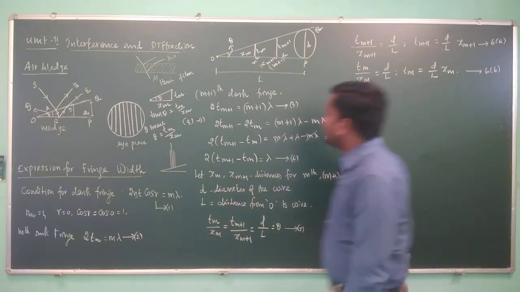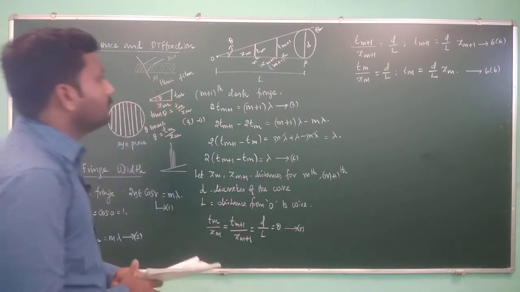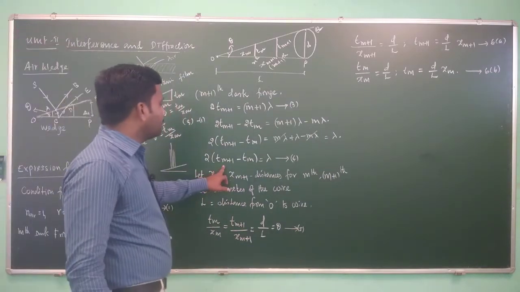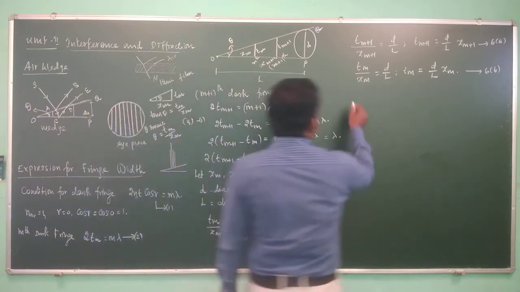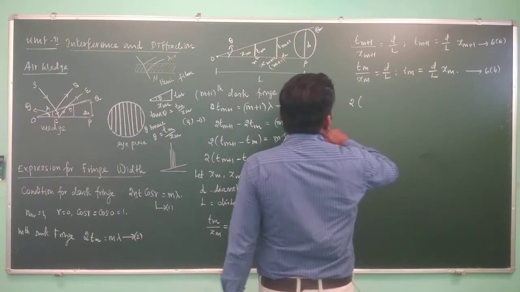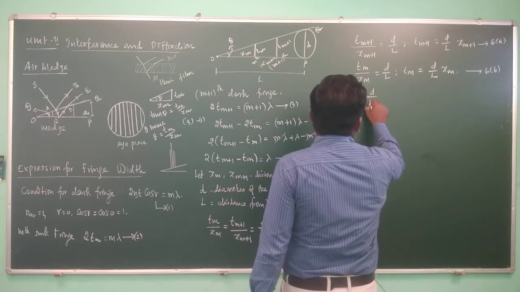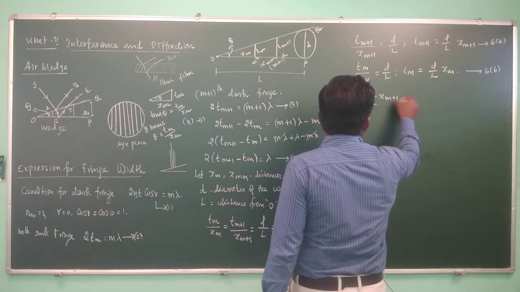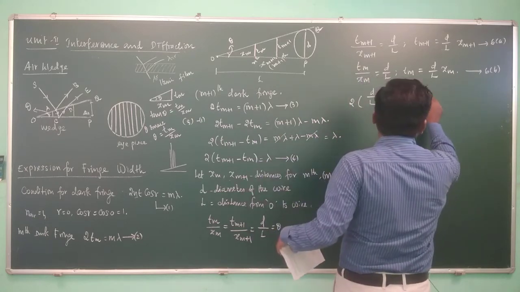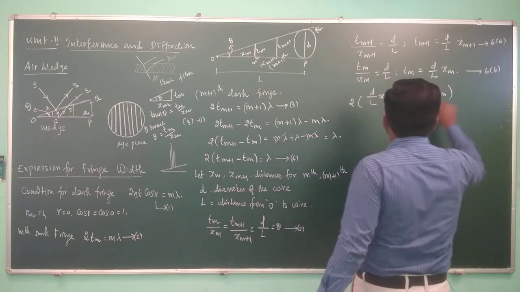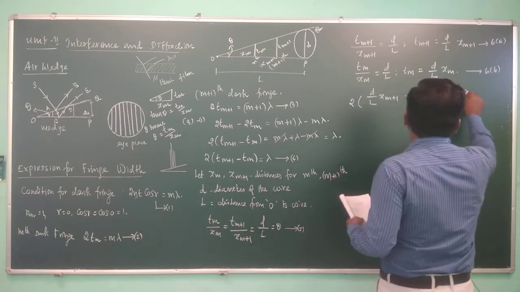Let us consider this equation 6a and 6b, substituting it into equation number 4. Okay. So that now 2 times Tm plus 1 is equal to D by L into xm plus 1 minus Tm, so D by L xm, which is equal to lambda.